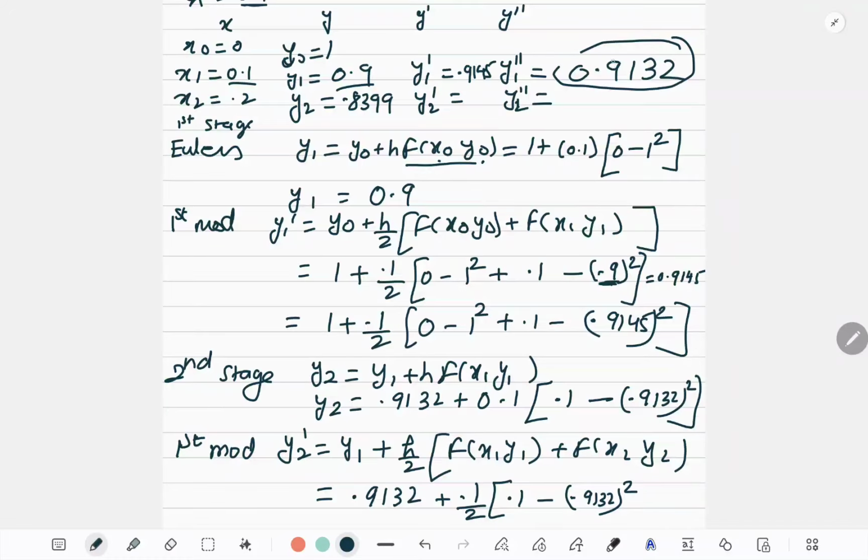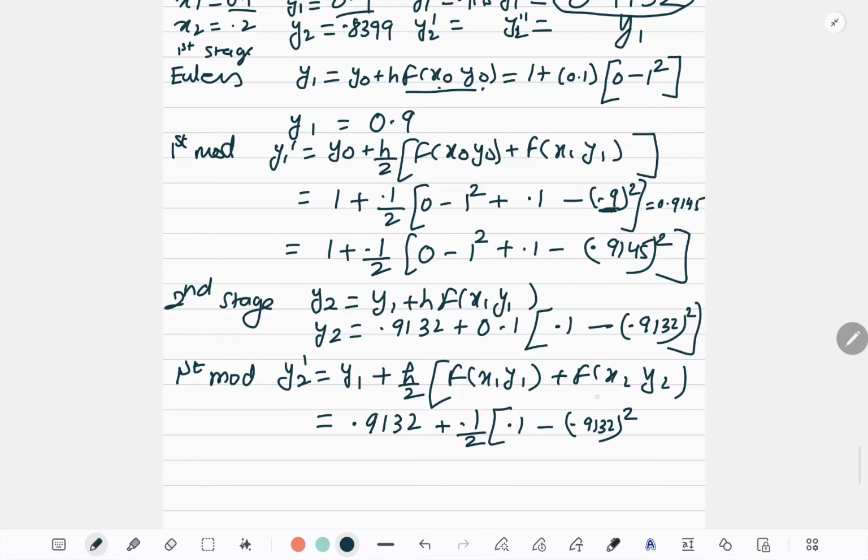Correct? Remember, this will be treated as the value y1, final value of y1. Okay. Then plus f of x2 y2. So plus, what is x2? x2 is 0.2. So 0.2 minus what is y2? y2 is a value which you just now obtained. So 0.8399 square. So this will give me a new value of y2, that is y2 dash, which is a modified value.